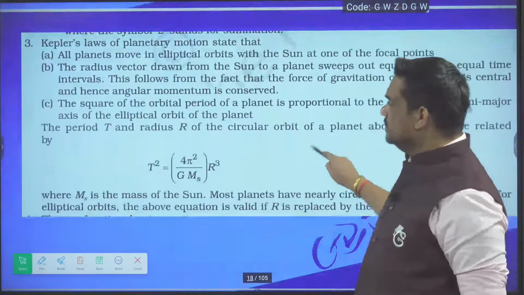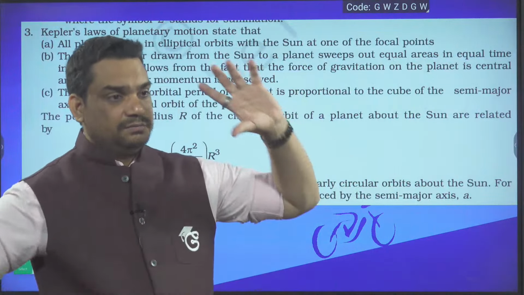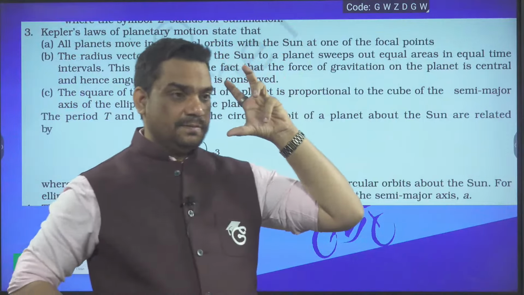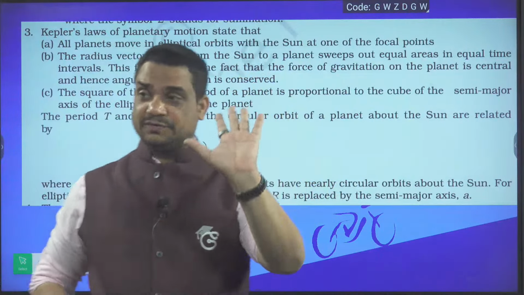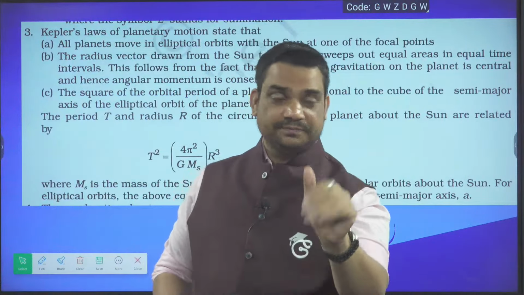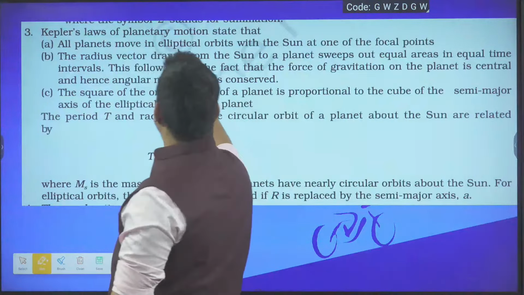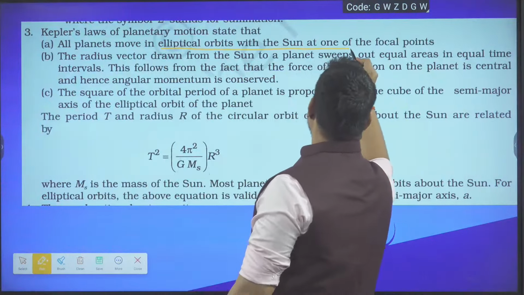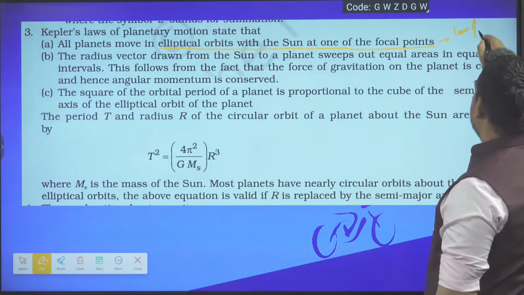First one, I have taken from the summary. Kepler's laws of planetary motion state that, because from the summary sometimes they make questions. The first one is: all planets move in elliptical orbits with the sun at one of the focal points. This is known as the law of orbit.